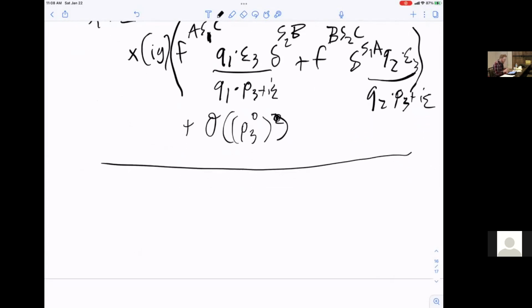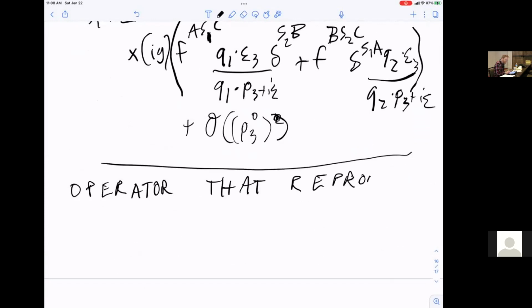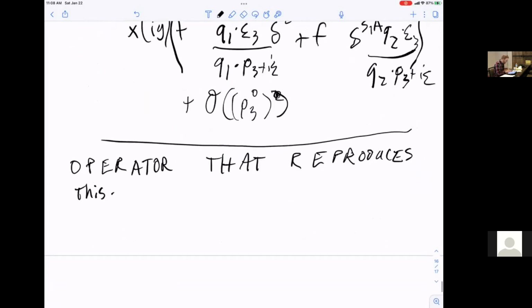Now, we want to build an operator that reproduces this. In particular, I'm going to write the limit as P3 goes soft. And 1, 2, and 3. And there's going to be some normalization.